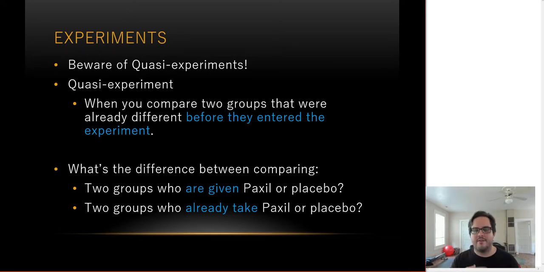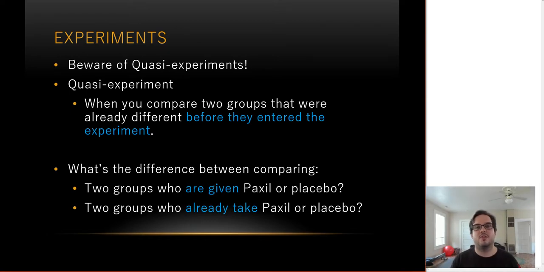Well, if I give someone Paxil, they don't have the choice to do otherwise. They don't have something about them that would drive them to seek out antidepressants in the first place. So the only reason they're taking Paxil is because I said so, because I gave it to them.